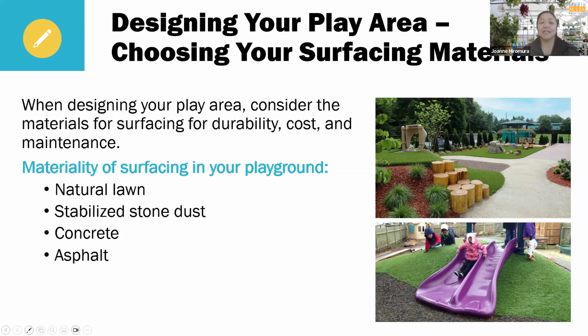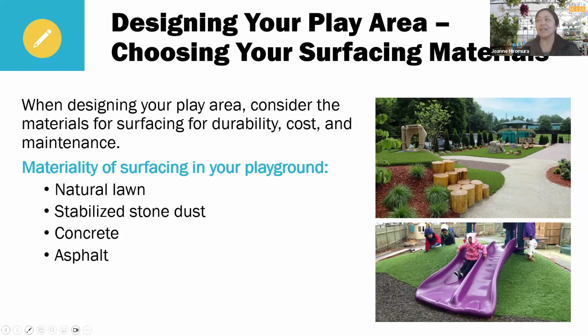Stabilized stone dust is a natural product. On the West Coast, they call it decomposed granite, or DG. On the East Coast, we call it stone dust. In the middle, I don't know what they call it. It's a loose ground stone material that's used for pathways.